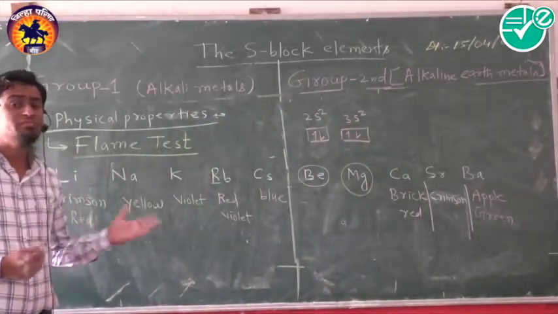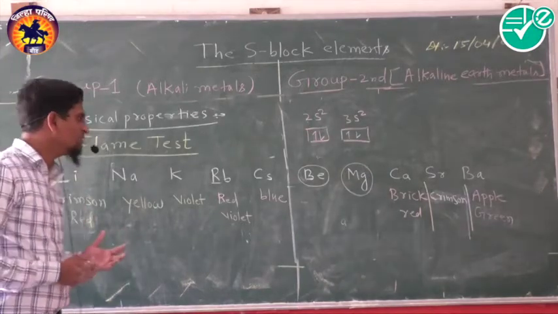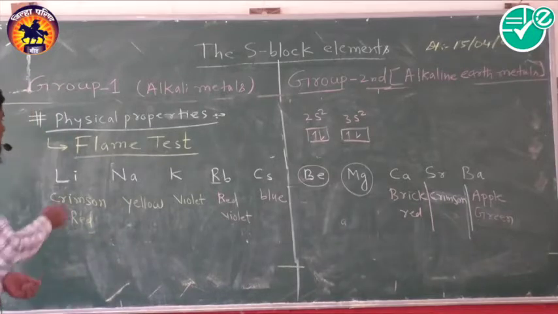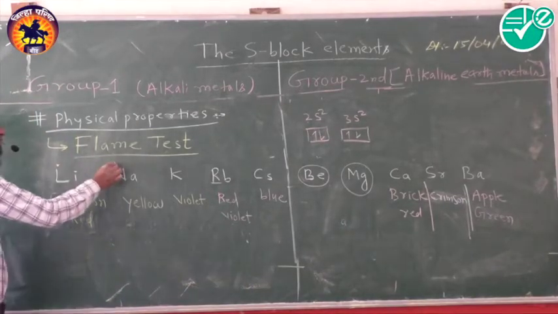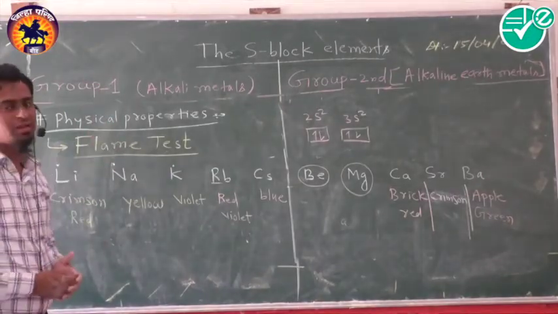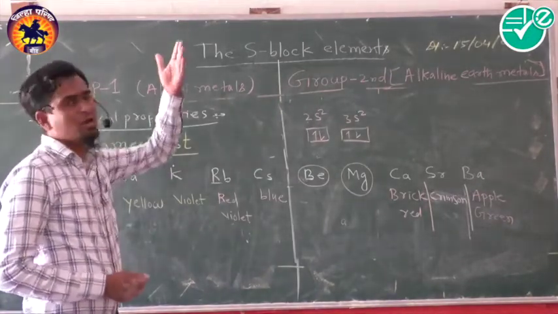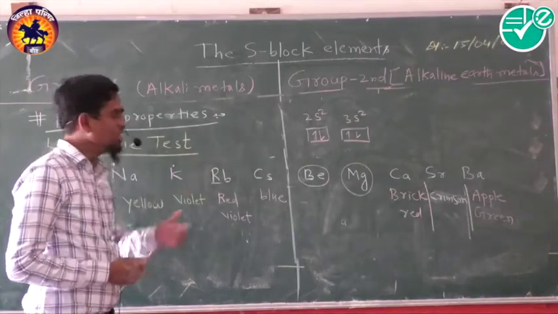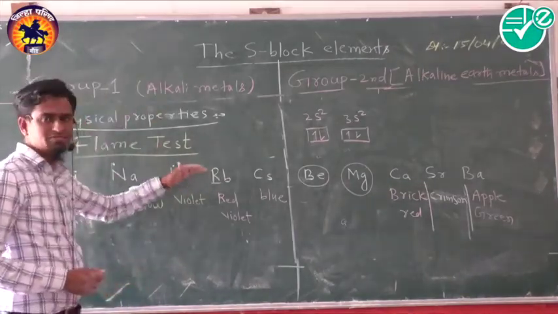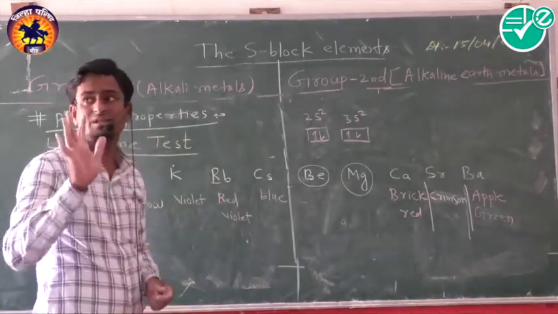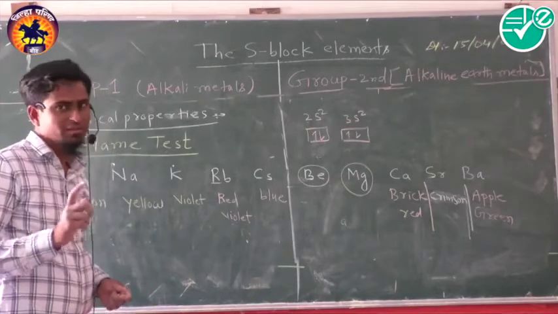So, you remember about this flame test. Why are we observing this flame test? Whenever you provide energy in the form of heat, whatever valence electrons are present in the element get excited to an upper energy level. After that, they return back to the ground state, their respective energy shell. When they come from top to bottom, they emit their energy in the visible region.